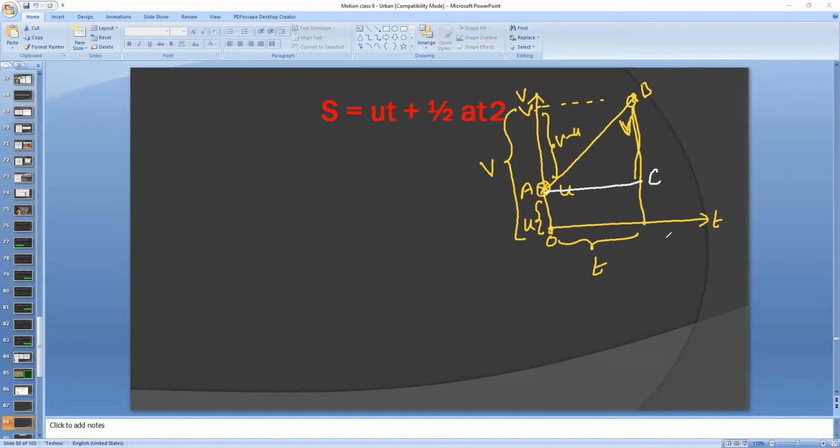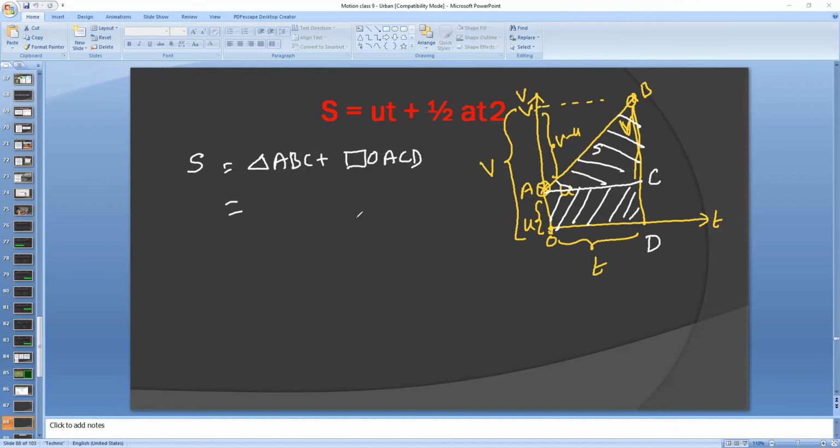Let's say this is point C, this is point D. Now the distance s is equal to the area of a triangle plus the area of a rectangle, that is, area of triangle ABC plus area of rectangle OACD. Area of triangle ABC is half into base AC into height BC, plus area of a rectangle, length into breadth, length OD, breadth OA.